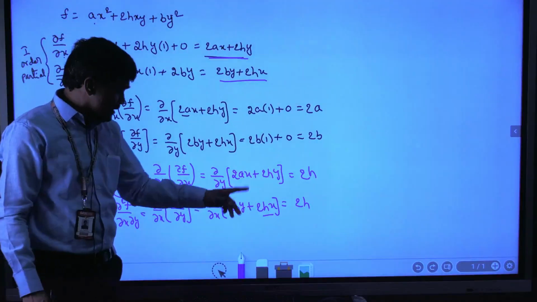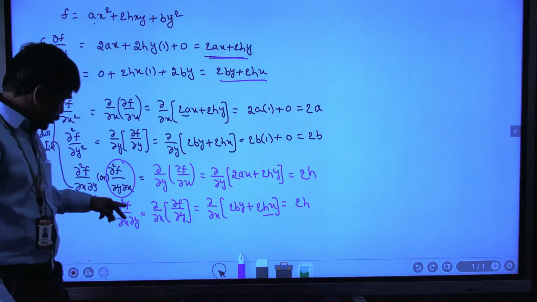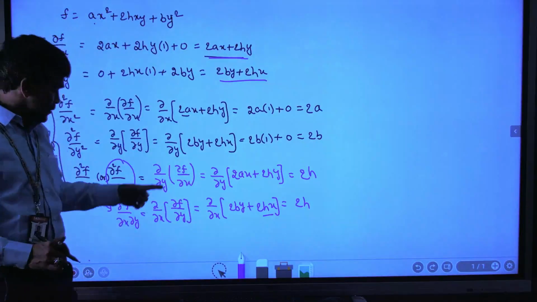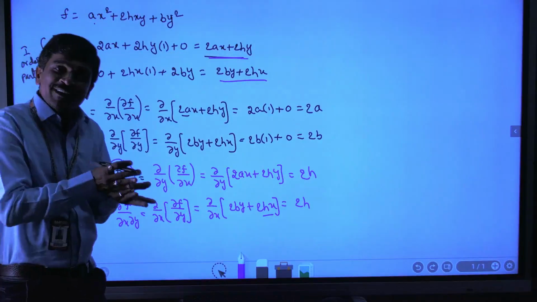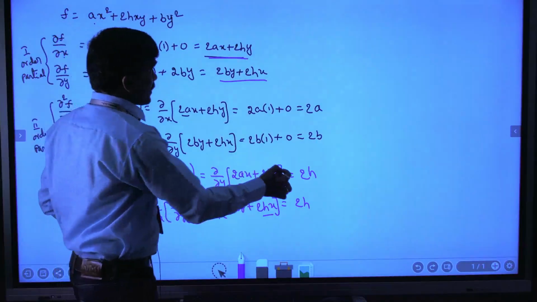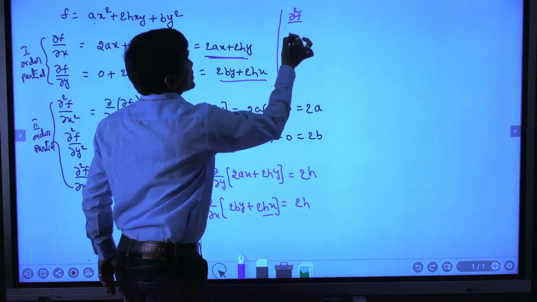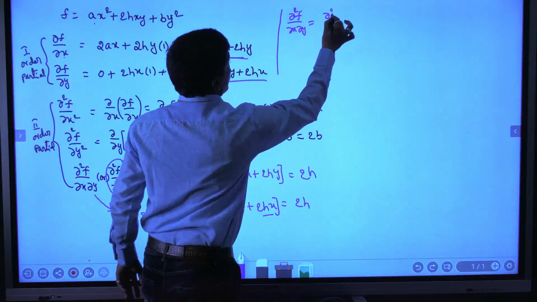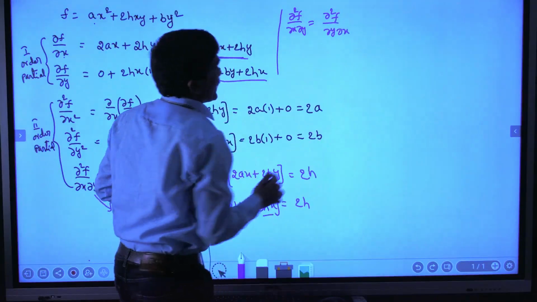So clearly observe this: ∂²f/∂y∂x is 2h and ∂²f/∂x∂y is also 2h. That means from this condition, ∂²f/∂x∂y is the same as ∂²f/∂y∂x. So that's why we write ∂²f/∂x∂y = ∂²f/∂y∂x.